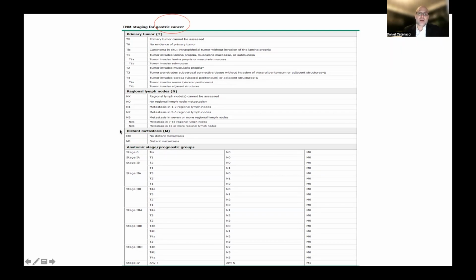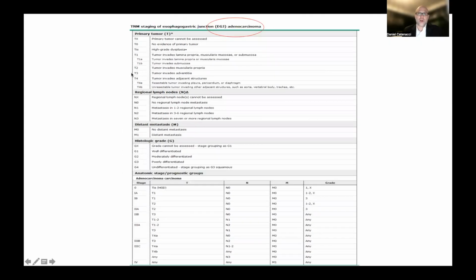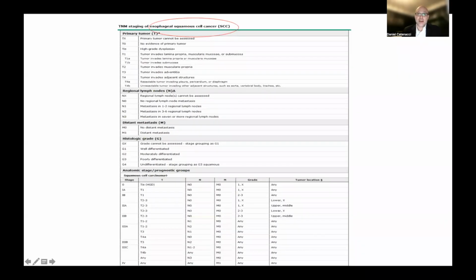And then based on the T, N, and M staging, you can get a stage from 0 to stage 4 based on these characteristics. This is for gastric cancer, and the same is true for esophagogastric junction adenocarcinoma with slight differences. And the same is true for esophageal squamous cell with slight differences. So there are 3 different staging systems for those 3 different subsets.